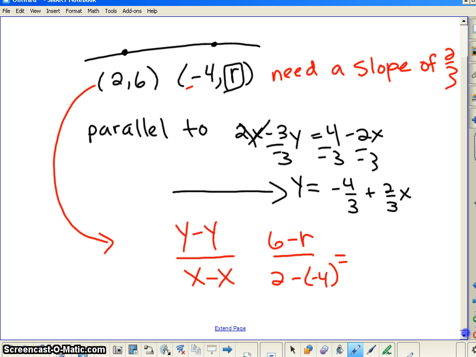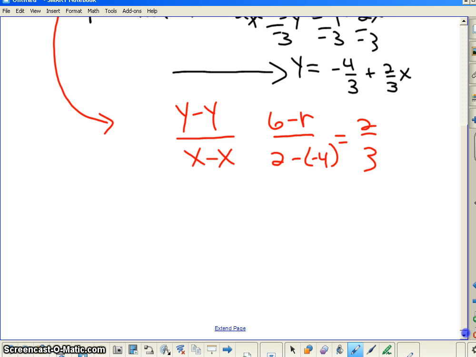And that's supposed to equal what? 2/3. Remember, this is the outcome I'm looking for. So let's clean this up here. Negative, negative. So I've got 6 minus r over 2 plus 4 equals 2 over 3. Okay? What's 2 plus 4?